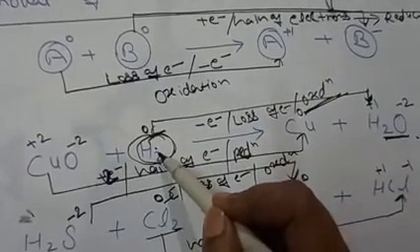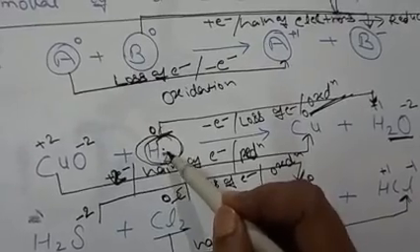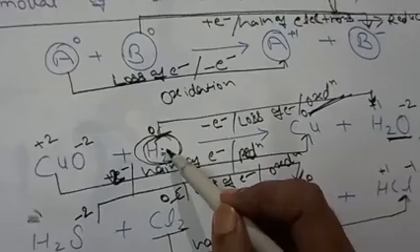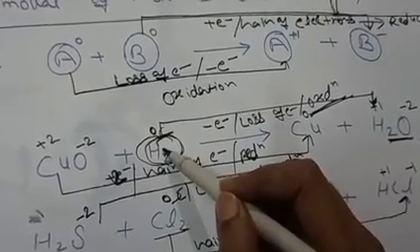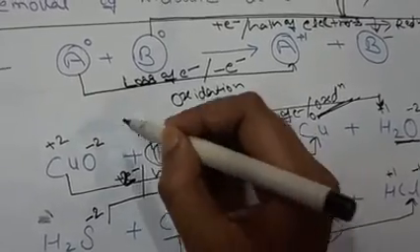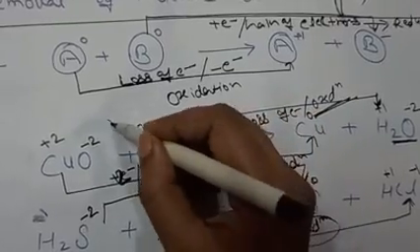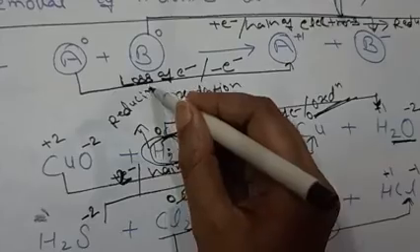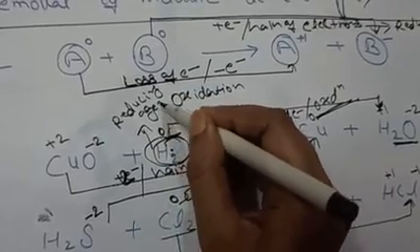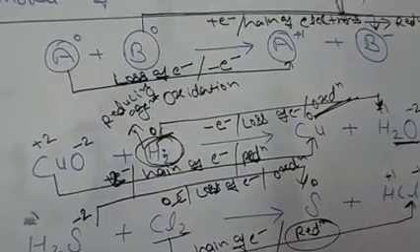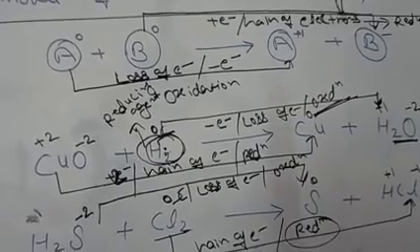Here it is the oxidation of hydrogen. So the substance which gets oxidized is called the reducing agent. So for this reaction, hydrogen is the reducing agent.